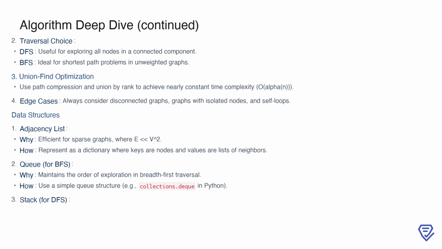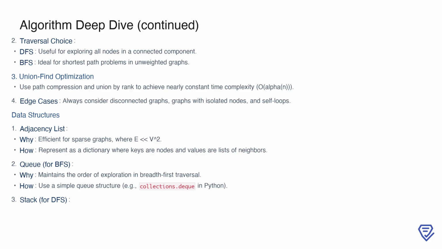As you design your solution, remember to account for edge cases. Disconnected graphs, isolated nodes, and self-loops are all scenarios that can challenge the correctness of the implementation. Additionally, the choice of data structures has a significant impact. For instance, adjacency lists are efficient for sparse graphs, where the number of edges is much smaller than the square of the nodes.